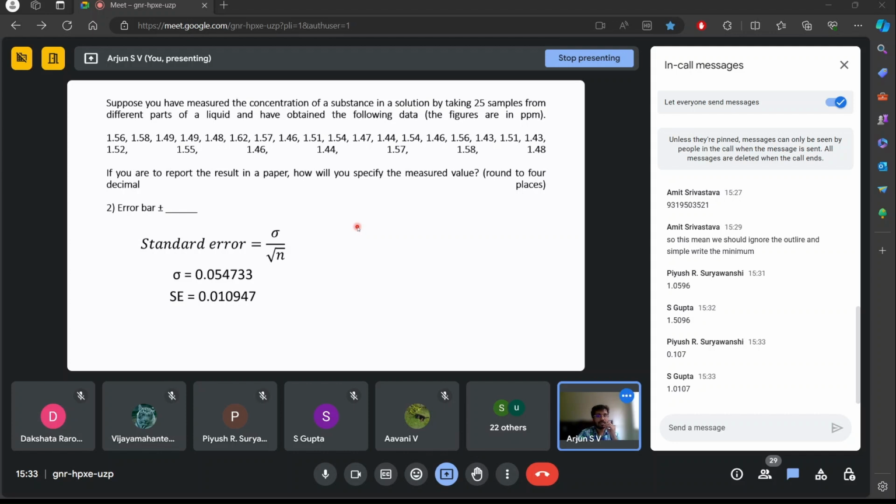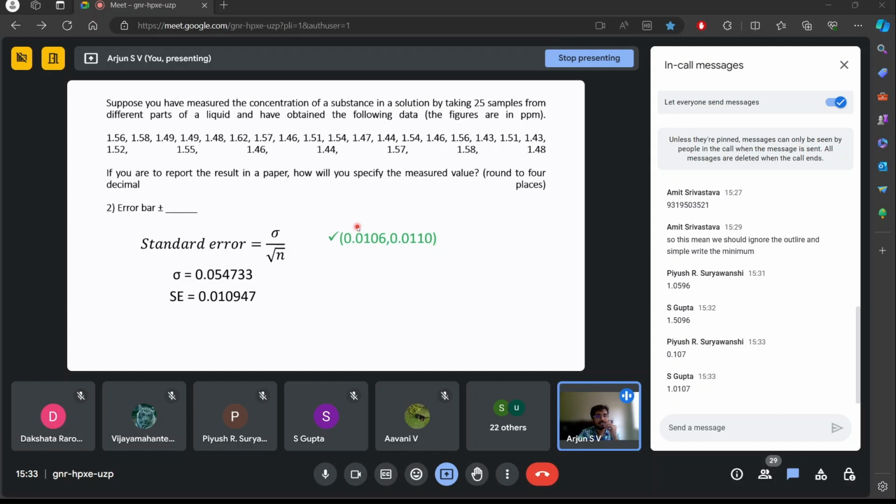0.0109. Yes, and once again, many people are saying 0.107. Okay, Piyush is saying 0.107. I don't know if you mean 0.0107, then that would also be a correct answer. Yeah, then that's a correct answer.